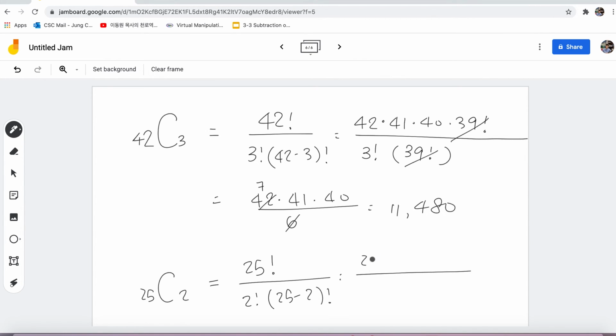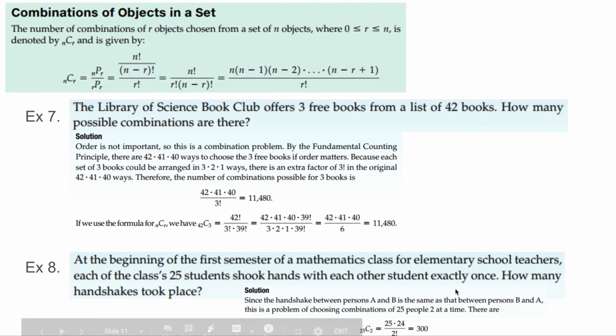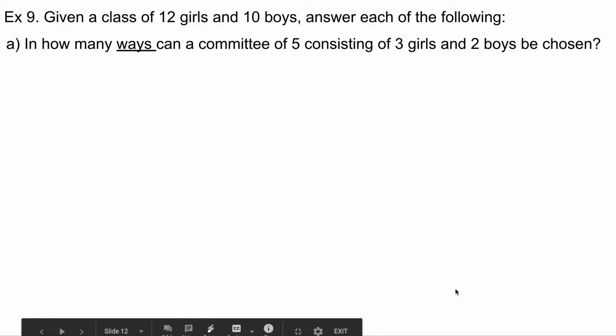To find it easily, we can do 25 times 24 times 23 factorial, because 2 factorial is the same as 2 times 1, which is 2, and 25 minus 2 factorial is 23 factorial. So we can cancel these two out, and these can be simplified to 25 times 12, which is 300. That's the same as multiplying 25 times 24 and dividing by 2. You don't have to simplify it if you don't want to, but I like small numbers, so I like to simplify it. Okay, so you get 300 handshakes.